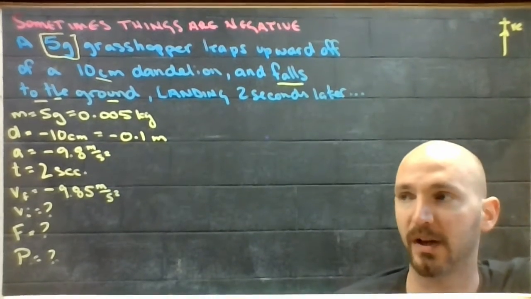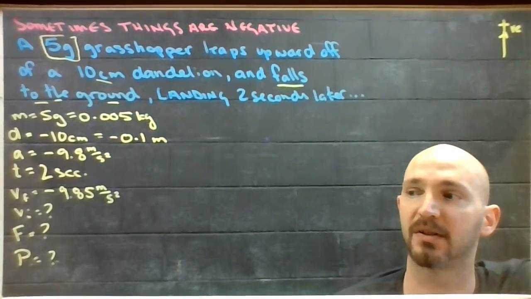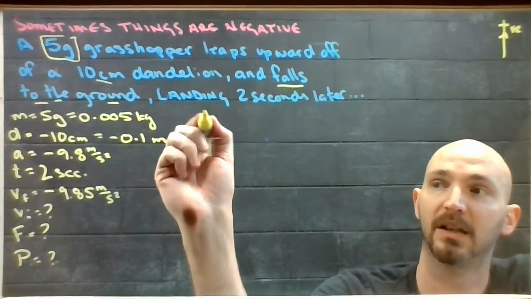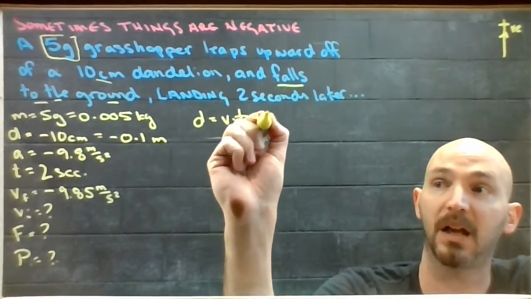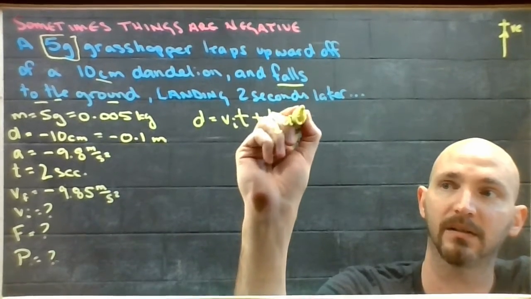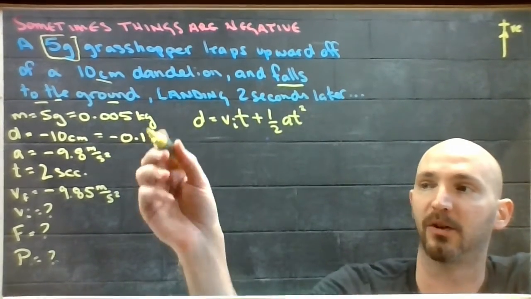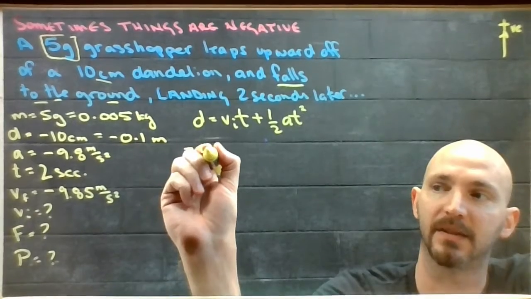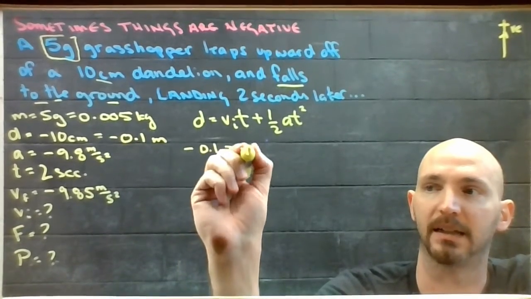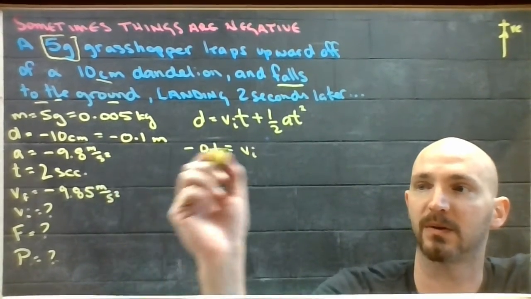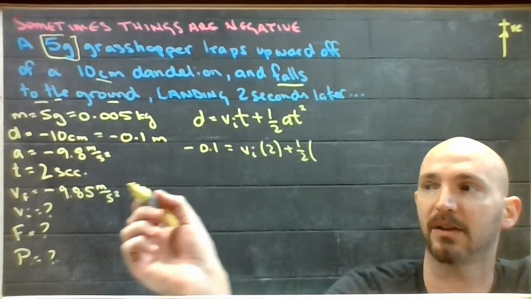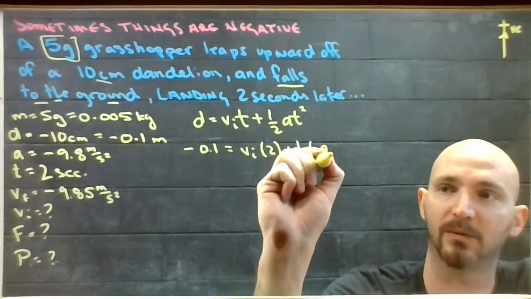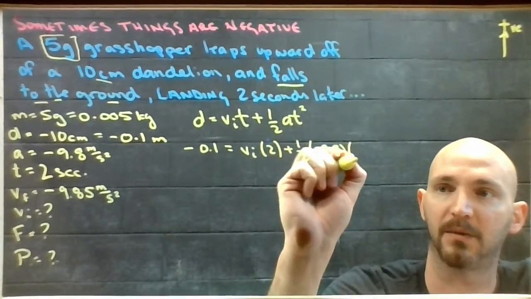So I need an equation that combines distance, acceleration, and time with initial speed. So that would be distance is initial speed times time plus 1/2 a t squared. So using my distance of negative 0.1, an initial speed I don't know about, 2 seconds worth of time, an acceleration of 9.8 downwards, and a time of 2 seconds.